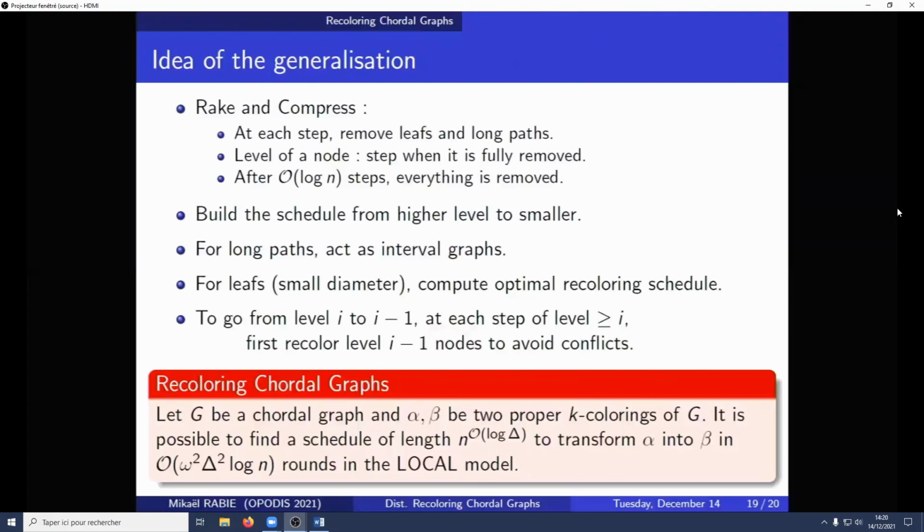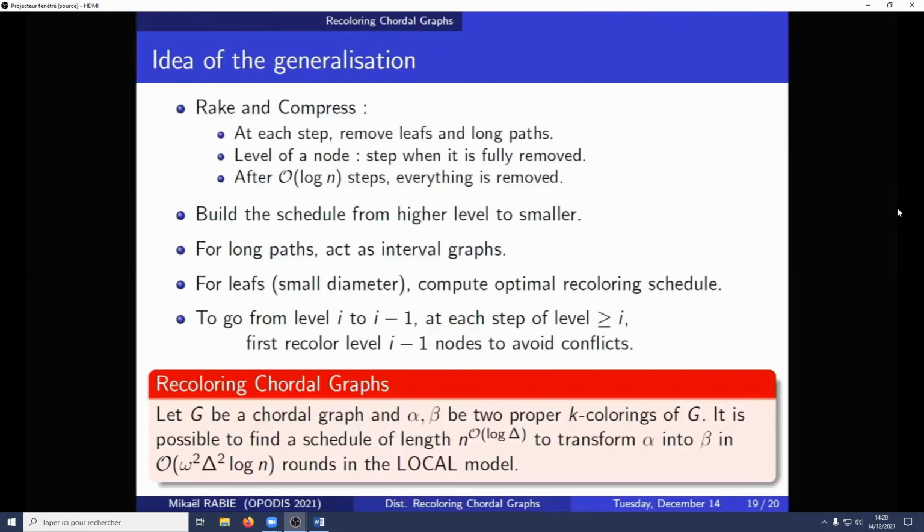And then the goal is to build the schedule back. And we do it one level after another from the higher level to the lower one. Each time that we need to deal with a long path, it corresponds exactly to interval graphs. And we do the schedule as we did in the previous steps.